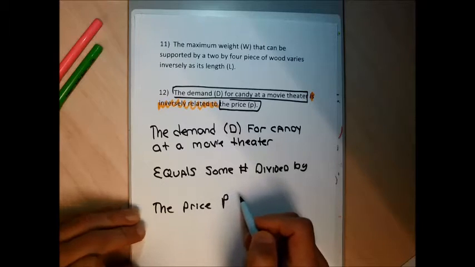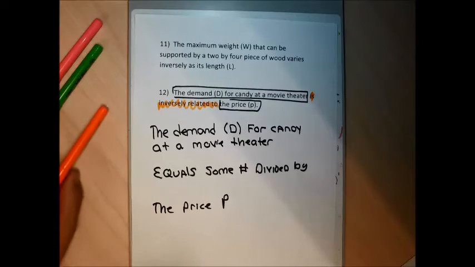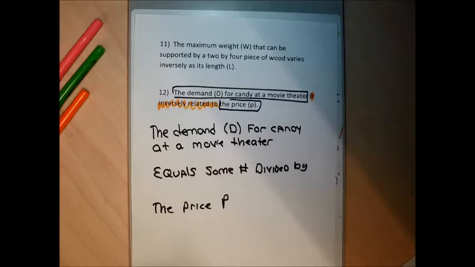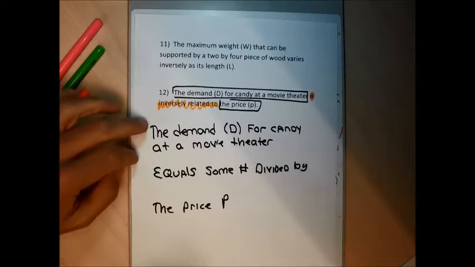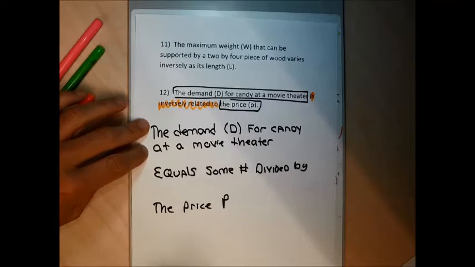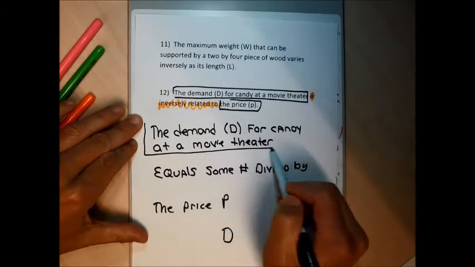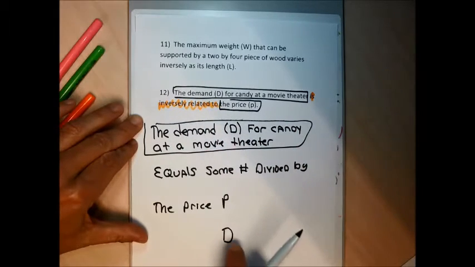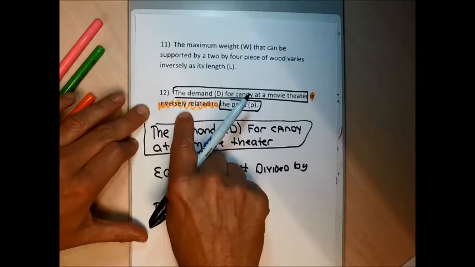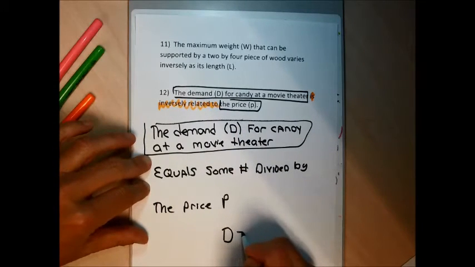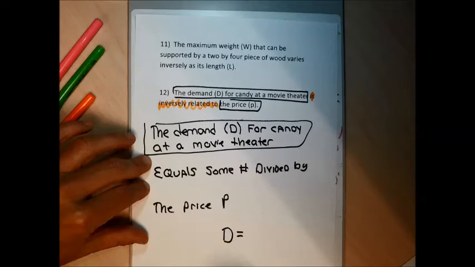So for each of the problems in this grouping, I have to get kind of 3 chunks of words. My first words, the demand D for candy in a movie theater, that's going to condense down to just the letter D. All these words, the letter D is going to mean how much candy is being sold at a movie theater. And then the inversely related to, I get an equal sign, and I know inversely is a fraction with a K in the numerator.